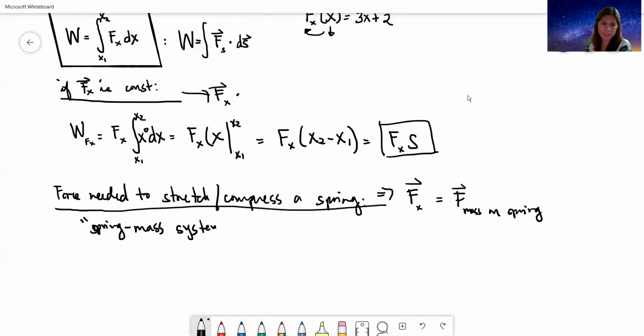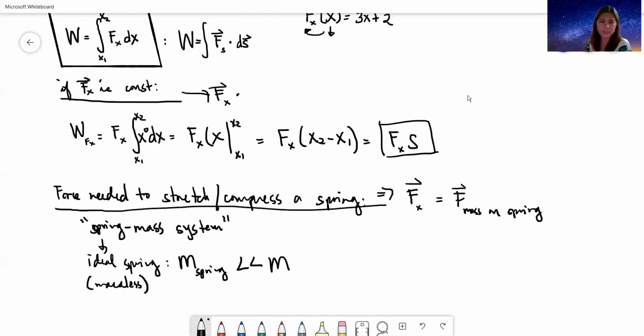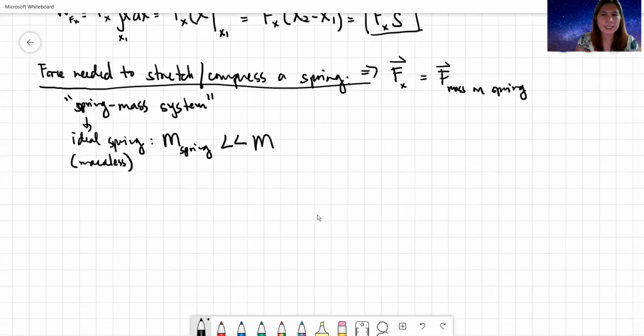From the term itself, it's a system composed of a spring and a mass, of course. But the spring here is an ideal spring. When we speak of an ideal spring, in essence, it's massless. In other words, the mass of the spring is very much less than the mass of the object tied to it. So essentially, we can call the ideal spring massless. And the mass here is just any object tied to it, usually a box.